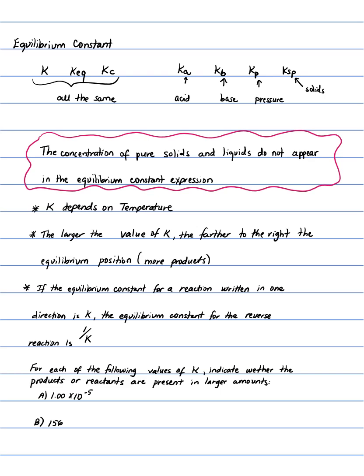Another thing, the numerical value for the equilibrium constant is dependent on temperature. If you have a large number, it means that the equilibrium, right, you have two arrows, one going in the forward direction, one going in the reverse direction.